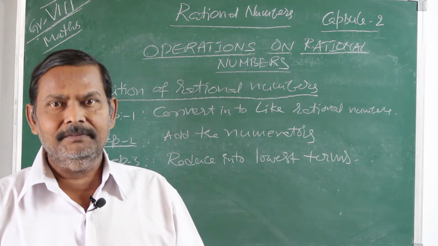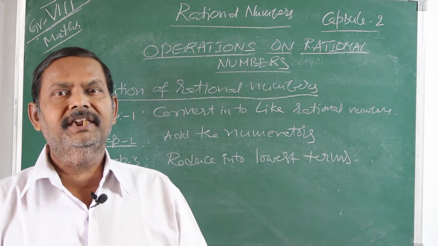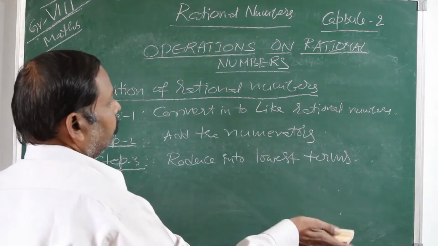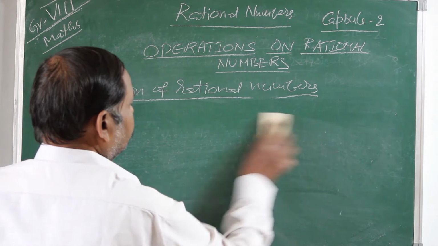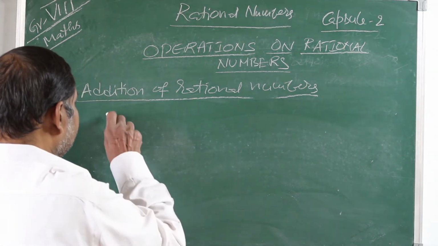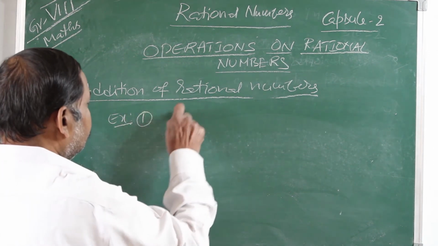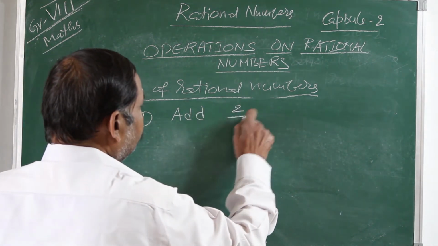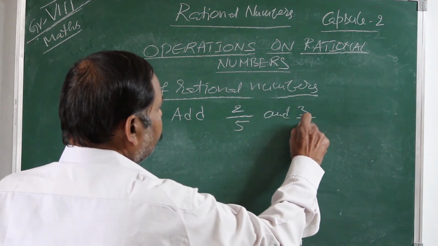Now let us have one example of how to add two rational numbers. Add 2 by 5 and 3 by 4.